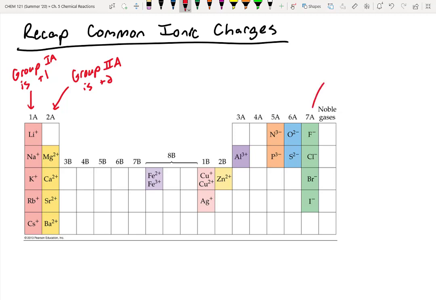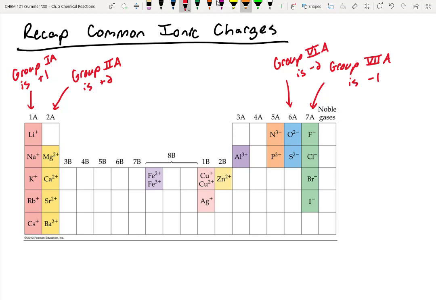And then over here, group 7A is going to be -1, right? It's easier to gain 1 electron if you're in that group than it is to gain all or lose all 7. And then over here, we've got group 6A is -2.